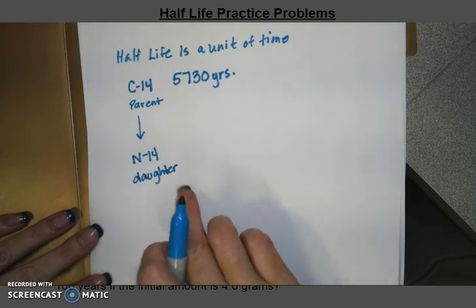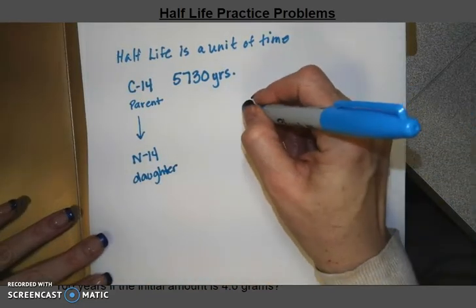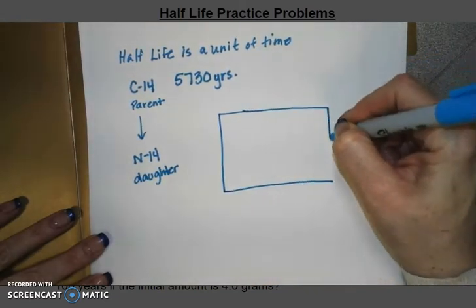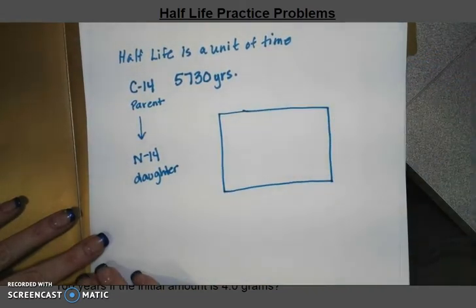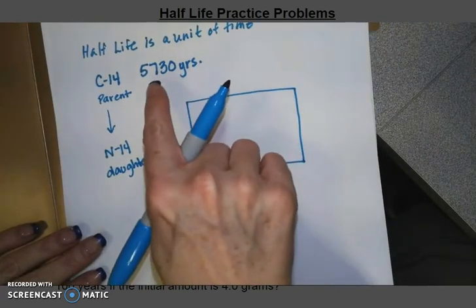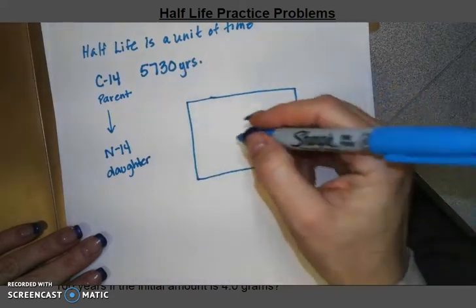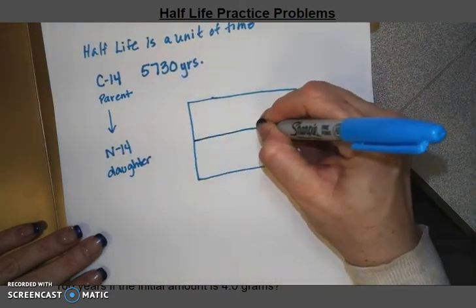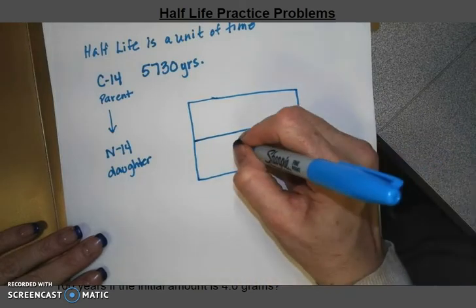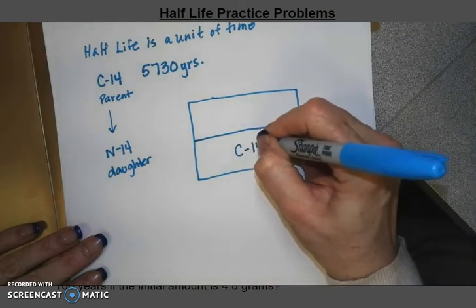What we're saying with half-life is that if I had a chunk of carbon-14 and I waited 5,730 years, approximately half of that carbon-14 would still be carbon-14.